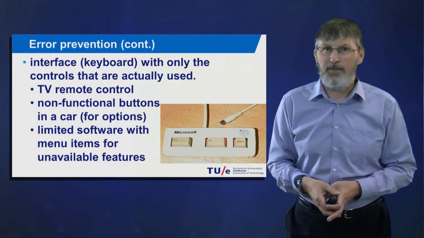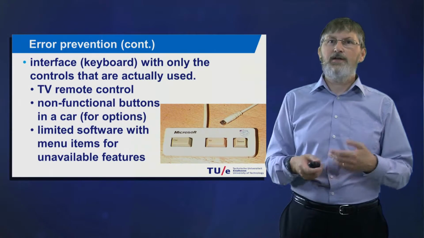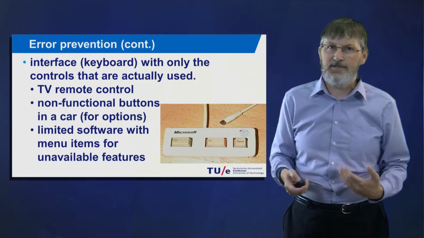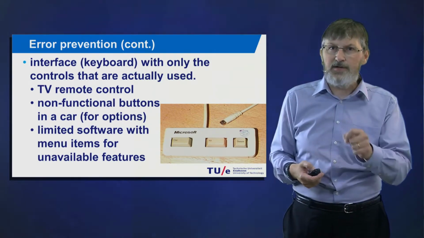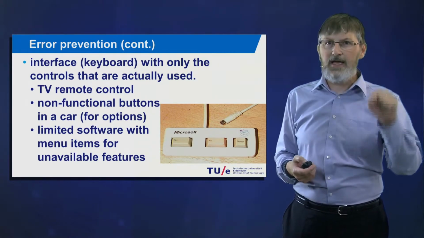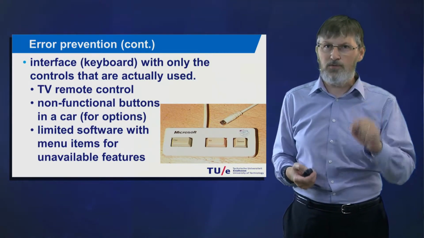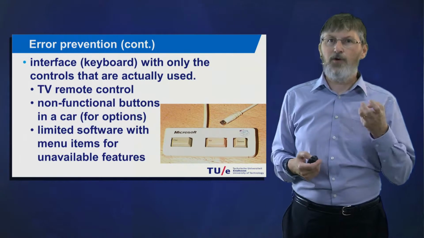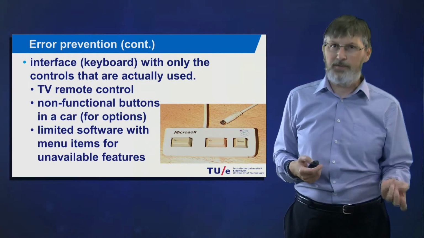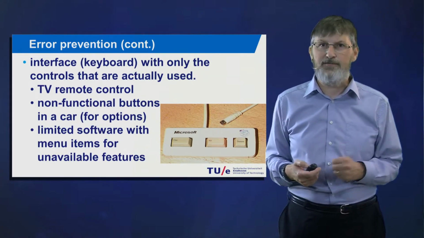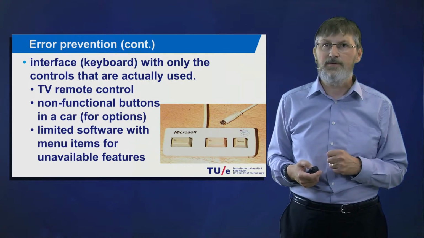We also see the problem in software, where different versions exist, and the manufacturer deliberately enables menu items and toolbar icons for options that do not work because you didn't buy the more expensive version that has these options.